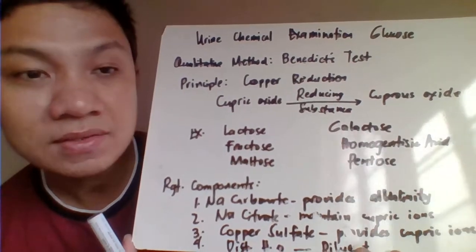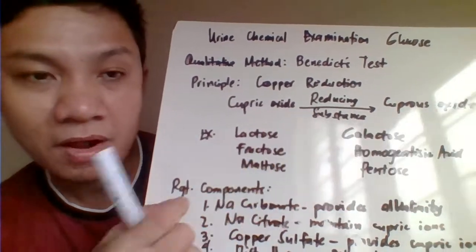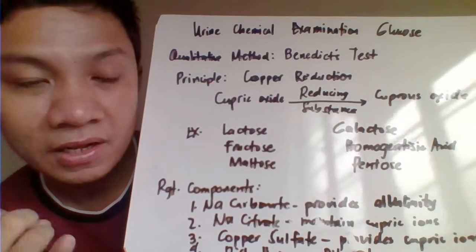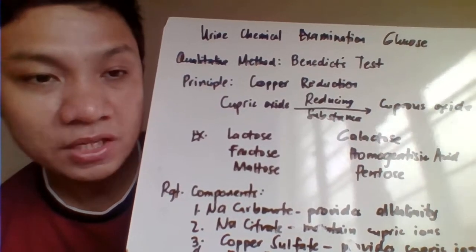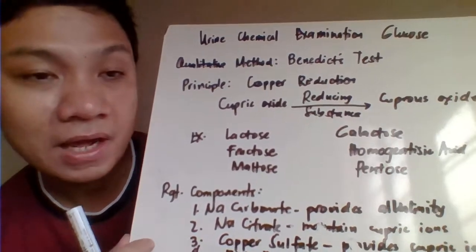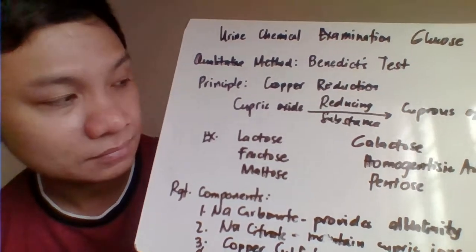That would change the color of your Benedict solution from the original blue color to green, yellow, orange, or even red, the highest glucose level, with the presence of a precipitate.